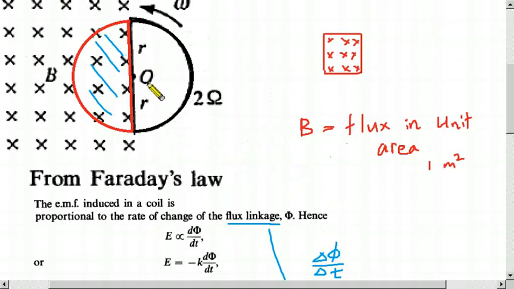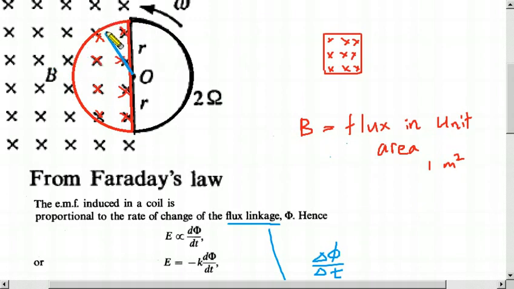So the total flux is this one, this one, this one, this one, and all these things we have to take into account, because that is the flux linkage. When this straight conductor rotates like this, all these crosses get cut by this line.